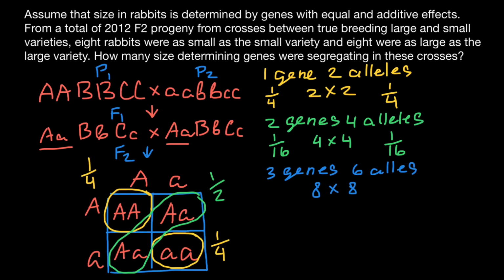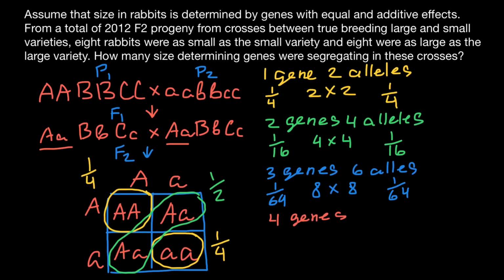And the extreme phenotypes are going to be, take a look, this number is 4 times smaller than the previous number. We are going to have here 1/64 and 1/64.